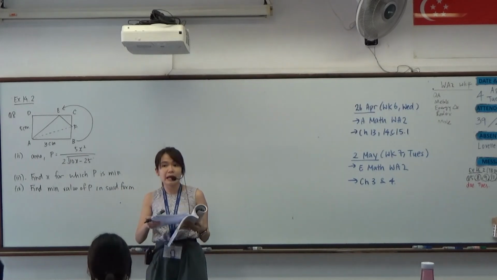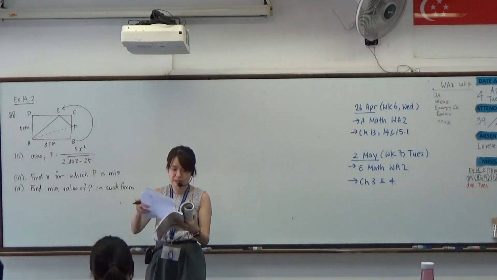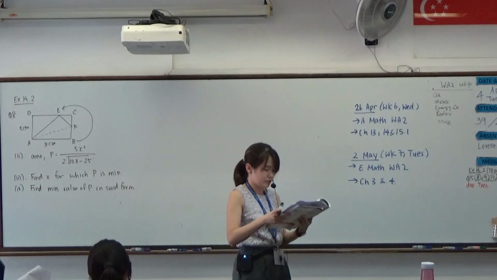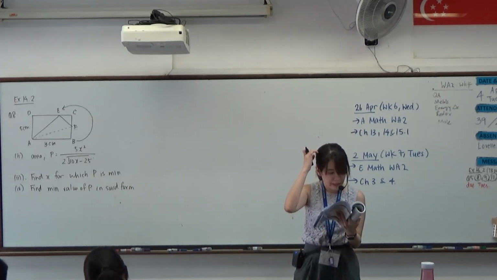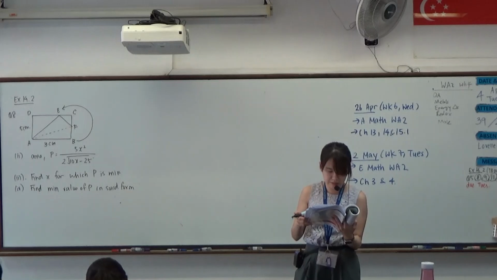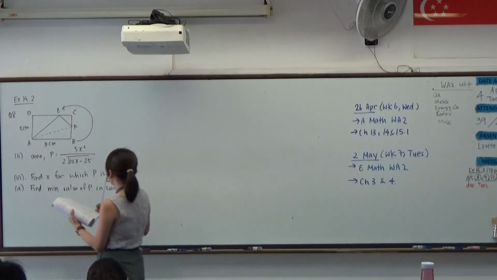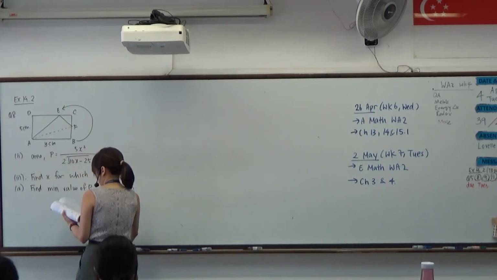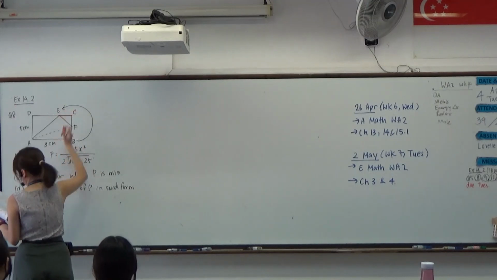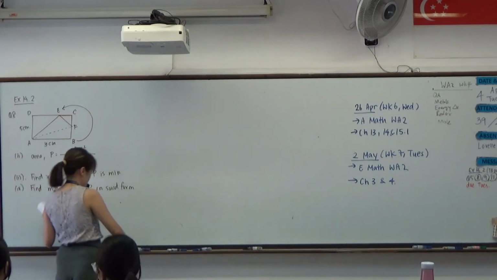Any other requests? Part 1 also? Oh, okay, sorry. Sometimes you're not heard, I cannot see. Okay. Part 1, hang on, let me express EC in terms of x and then also AE.